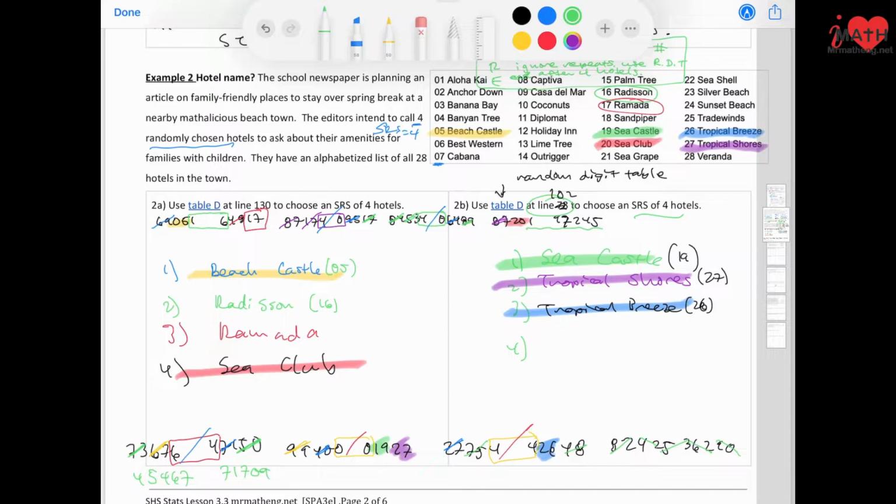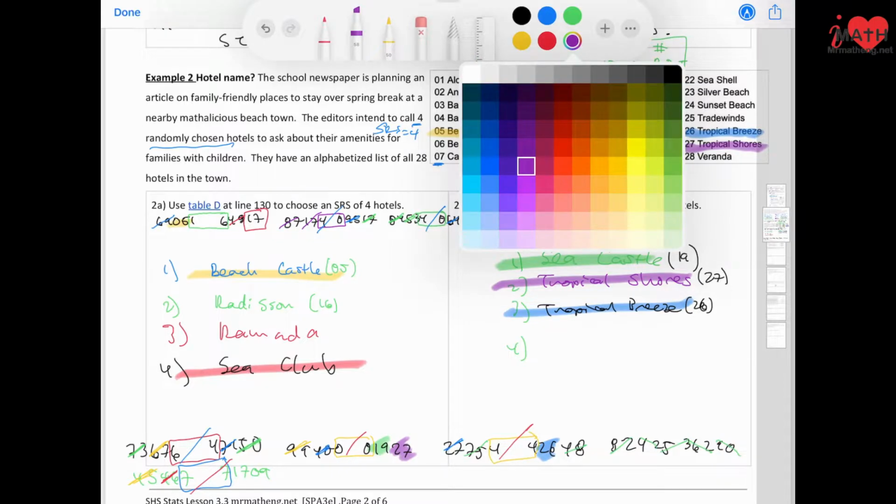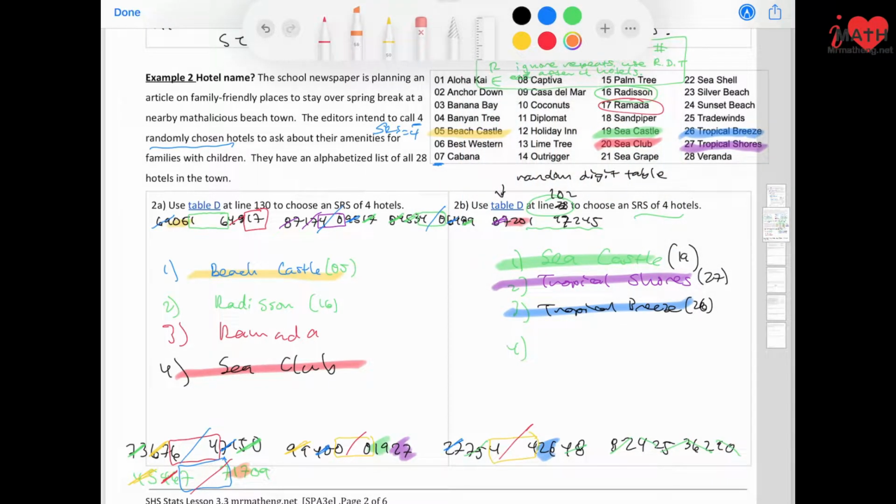So let's go ahead and see. 45 too big. 46 too big. 77, that's a no. 17, I don't think we've used 17 yet, so let's pick a color. Orange, 17. We did that for the last example, but I'm just telling you guys to start over. So 17 would be the Ramada. Okay, so that's how you would use a random digit table.